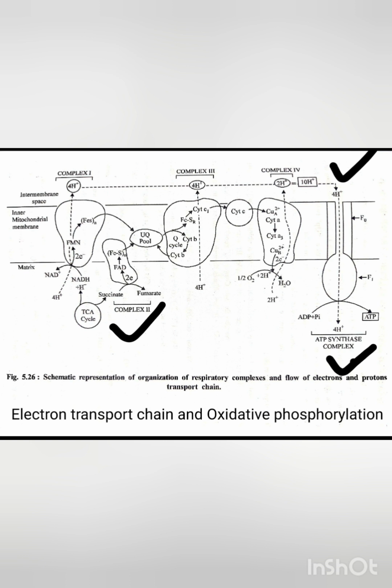During their movement, ADP plus inorganic phosphate form ATP. In this way, oxidative phosphorylation accompanies the electron transport chain, and finally ATP is formed inside the mitochondrial matrix. So this is the overall electron transport chain and oxidative phosphorylation.